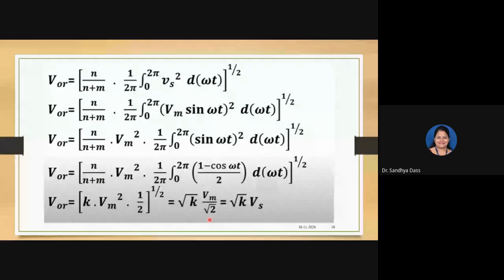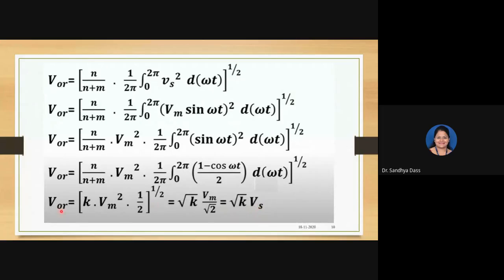Vm by root 2 is nothing but the RMS value of input, right? So substituting Vs there. Capital Vs is the indication that it is the RMS value of input.